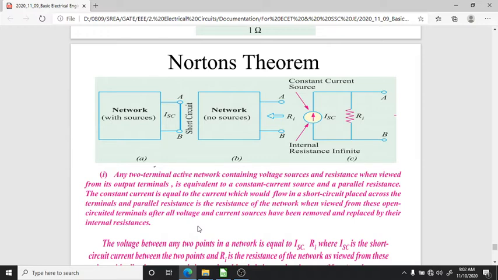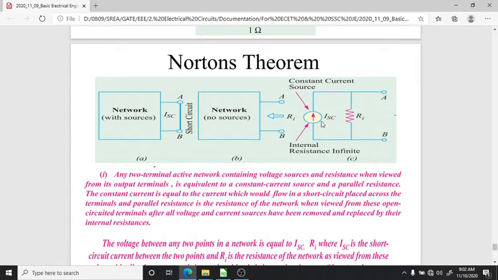How can we calculate this current source from the network? Suppose this is the network with load terminals A and B. First, short the load terminals and calculate the short circuit current through these terminals; that is called Norton's current source.